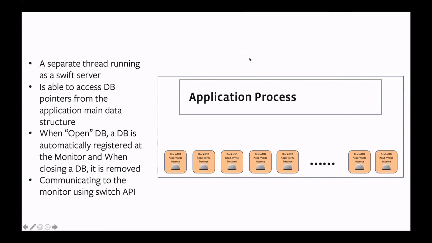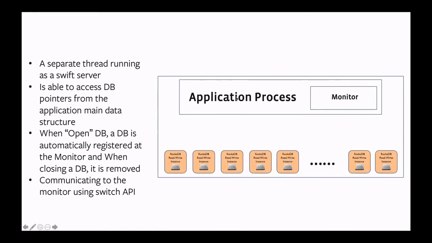If we want to control or access a certain DB, the application needs to expose some APIs to the upper layer. But it is also possible to have a separate thread running inside the application as a Swift server, so this monitor can access all the DBs registered in this application.